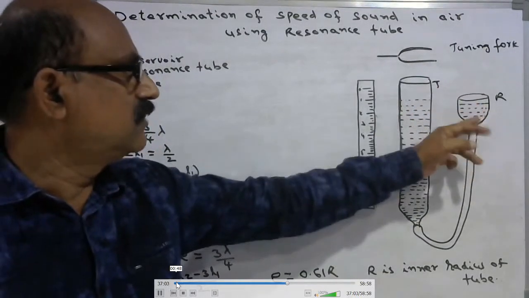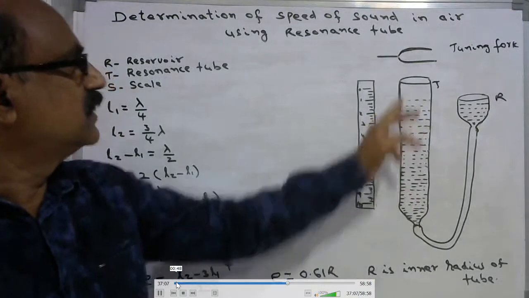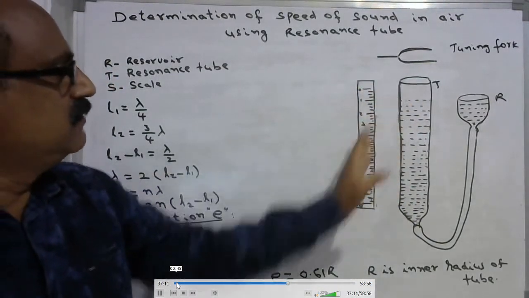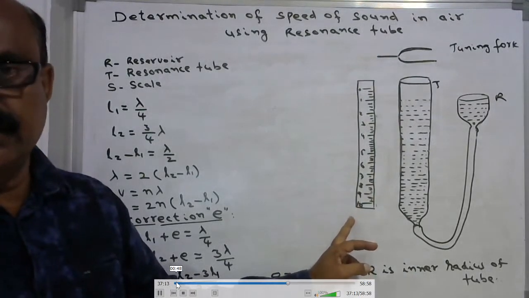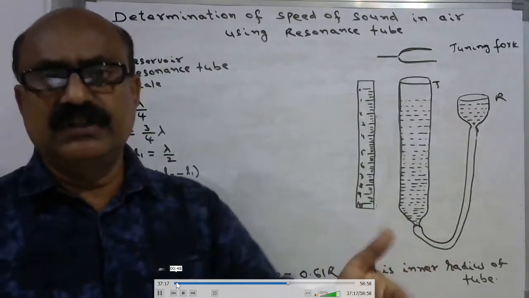So the reservoir is filled with water along with the tube. What is this? Resonance tube. And this resonance tube is mounted with a 1 meter scale, and all this arrangement is connected to a vertical stand.